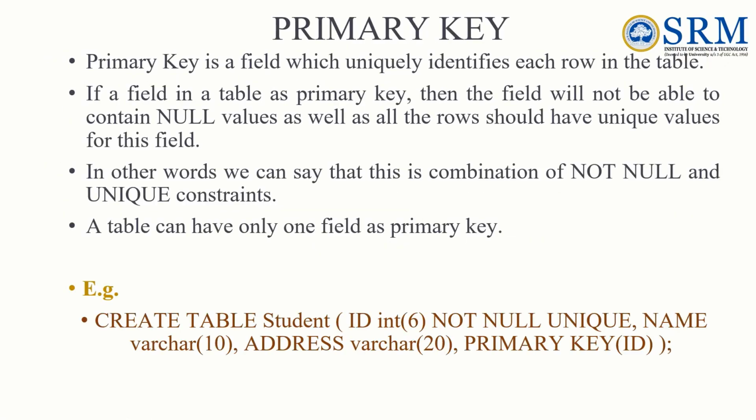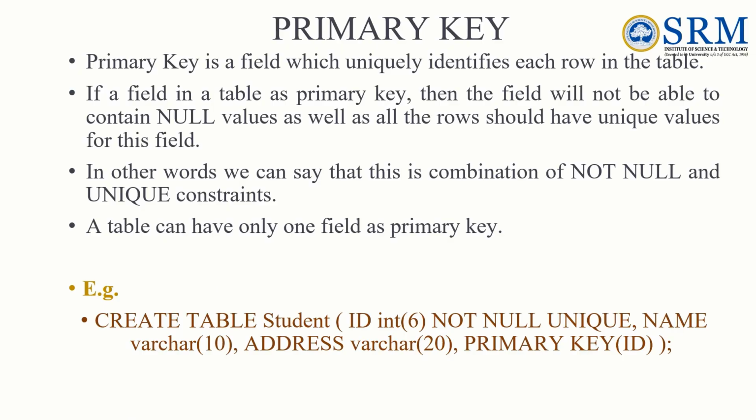In primary key, as we have discussed, a primary key is always unique. It identifies each row in a table. If a field in a table is not null and unique, then it is a primary key, and a table will have only one primary key. You can't have n primary keys.